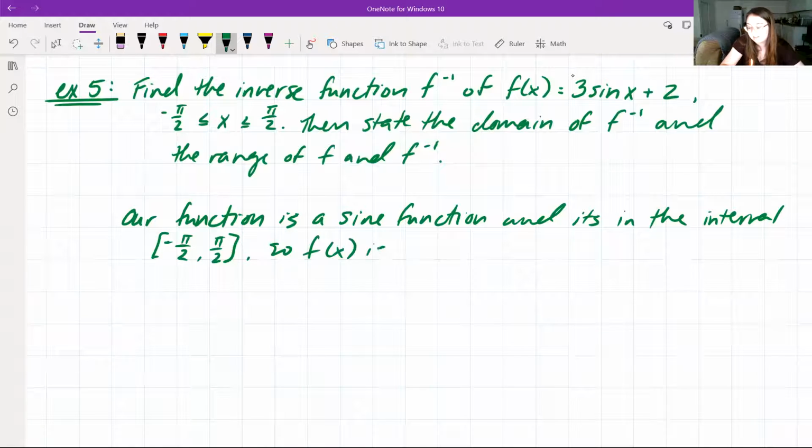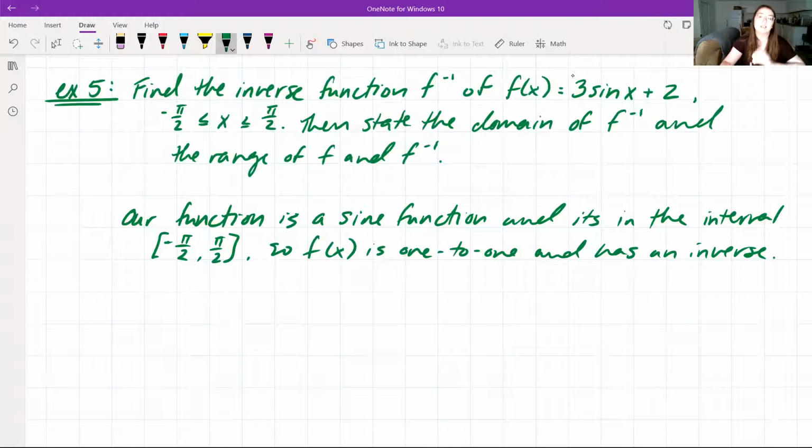So we can say f of x is 1 to 1 and has an inverse. This is just to state that we can actually find the inverse of this function. It's not that we can't find it. So we can go ahead and now actually find the inverse.